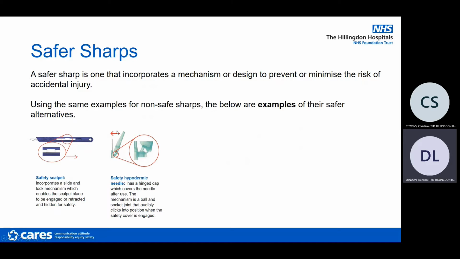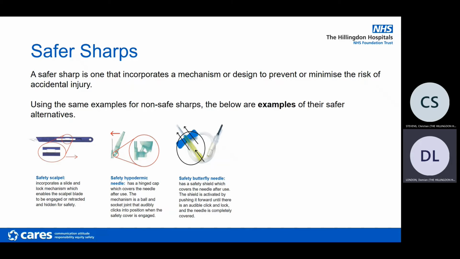The cover then covers the needle, and what you would normally hear is a click that tells you that the cover is now secure, so the needle is now protected. There are different versions of these hypodermic needles that we use in the trust, but the principle remains the same. It has a cover and a clipping mechanism so that you can confirm that the device has been engaged.